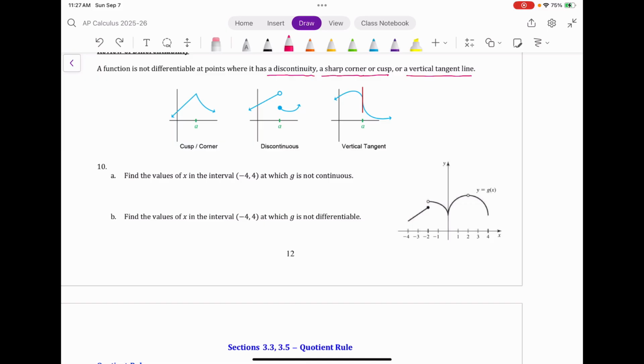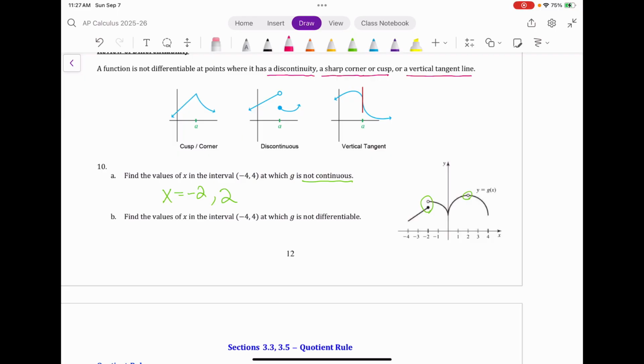Okay, so we want to, part A, find the values of x in this interval -4 to 4 at which g is not continuous. Okay, so we see there's a jump at -2, and at +2 there's a removable discontinuity. So those are the places where it's not continuous on that open interval.